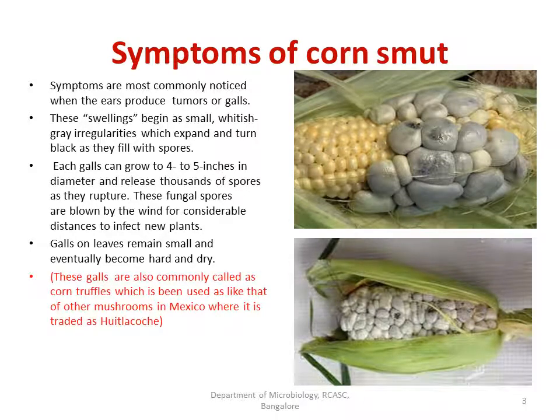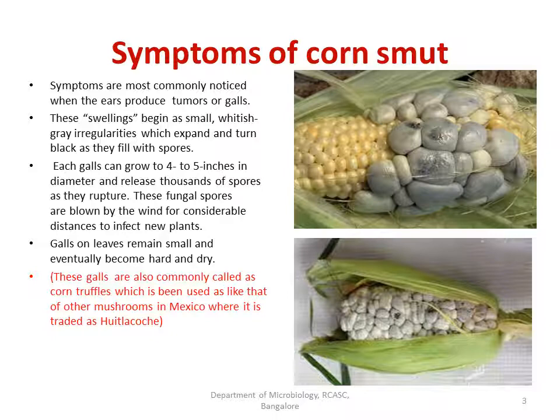Another important thing we have to note here is that the corn smut which infects the corn and causes the galls is commercially important. They are commonly called corn truffles or Mexican truffles, which are used like other mushrooms because of the rich protein in them, and also because of an amino acid called lysine, which corn normally lacks.